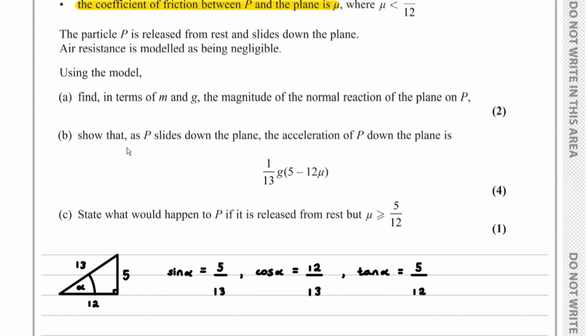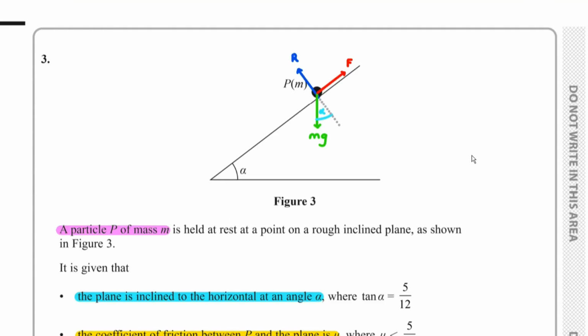Part B. Show that as P slides down the plane, the acceleration of P down the plane is 1 over 13 g multiplied by 5 subtract 12 mu. Now in this question, eventually we will have to use Newton's second law, but what we can do is find out what this frictional force is equal to in terms of mu.